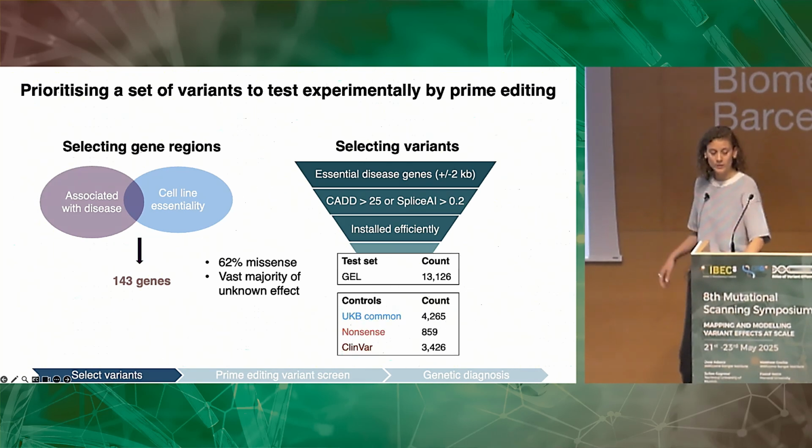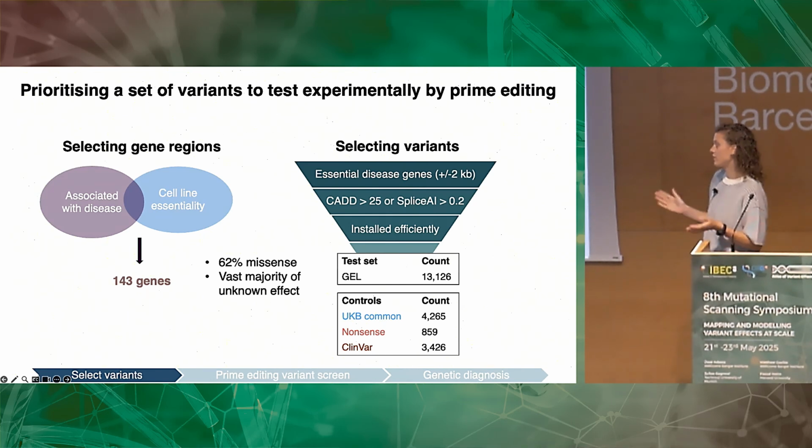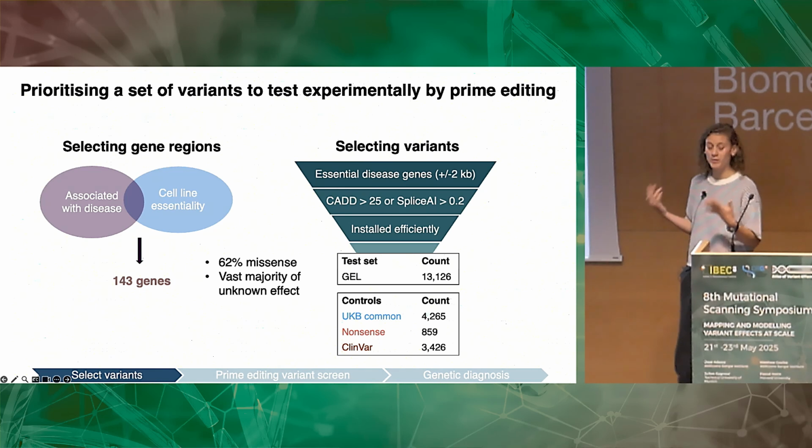And to this, we add some control variants: common variants from UK Biobank, which is a non-disease-specific cohort, then some synthetic nonsense protein truncating variants, and finally variants that are pathogenic and likely pathogenic in ClinVar, which is a public database of genetic variants that are reported with their clinical significance.